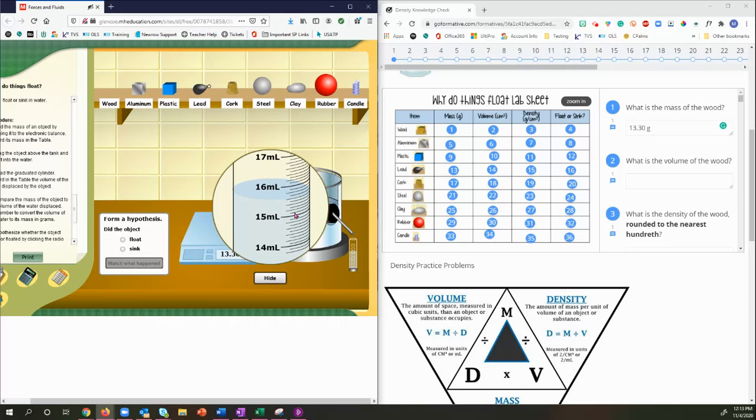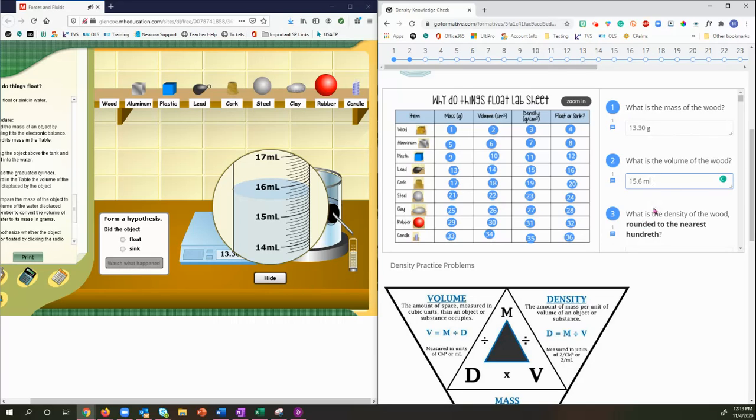I know each line represents 0.1. So if I count from 15, I've got 15.1, 15.2, 15.3, 15.4, 15.5, 15.6. So my volume here is going to be 15.6. Again, you can use your units, but it's not necessary.